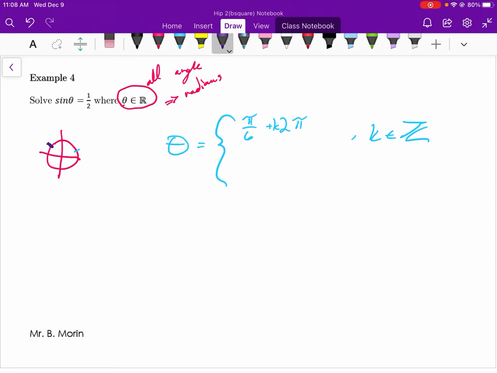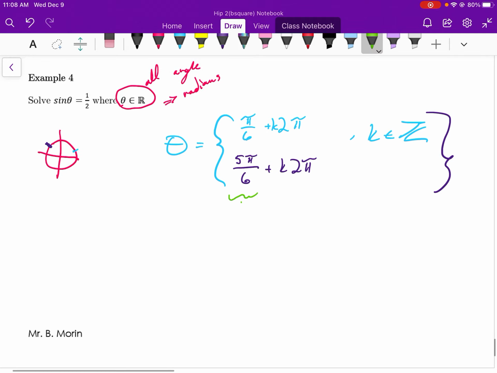Now, the purple, well, it's in the pi over 6 family, but the related angle in quadrant 2 is 5 pi over 6 plus k 2 pi, where k is an element of the integers. And coterminal angles, or general solutions, follow this process, right? The first block, the first term, is the location of what angle you're talking about.